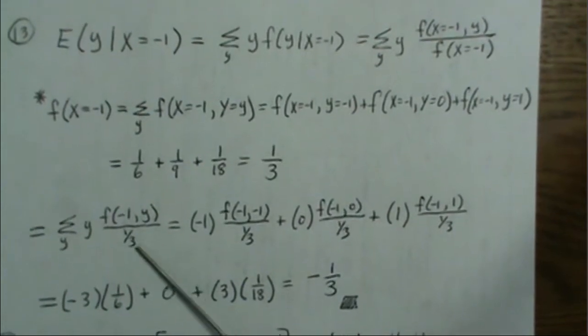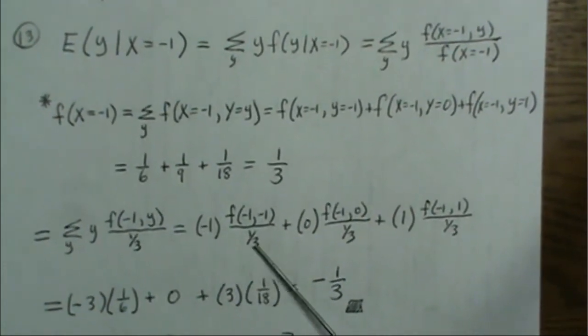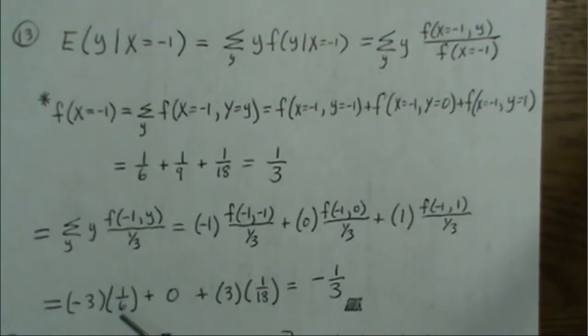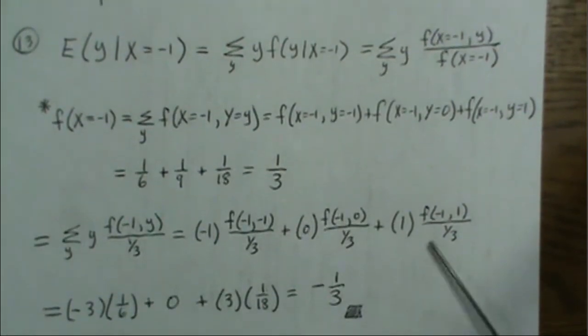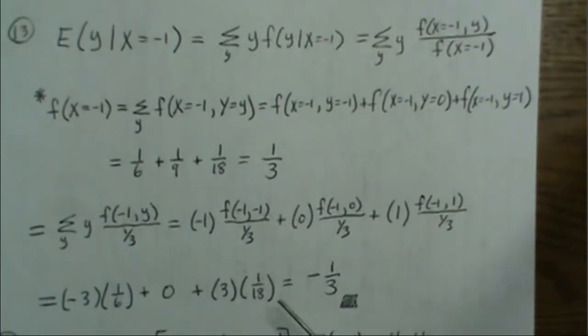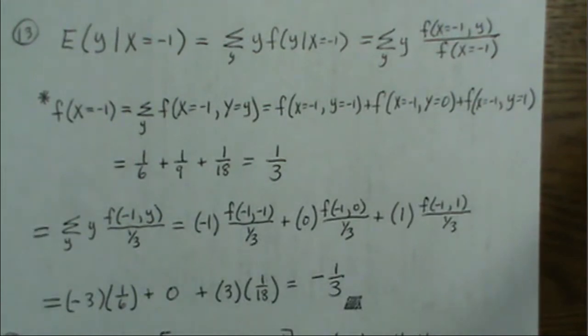In each case, we invert and multiply, so that's the minus 3, and that is 1/2. And this is 0, so it just cancels, don't even need to do it. This 1/3 comes up as a 3, and then that is 1/18. So the answer is negative 1/3.